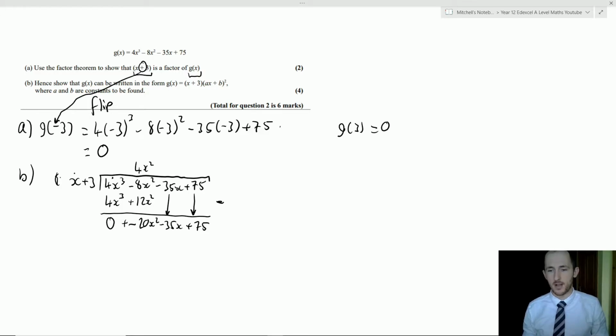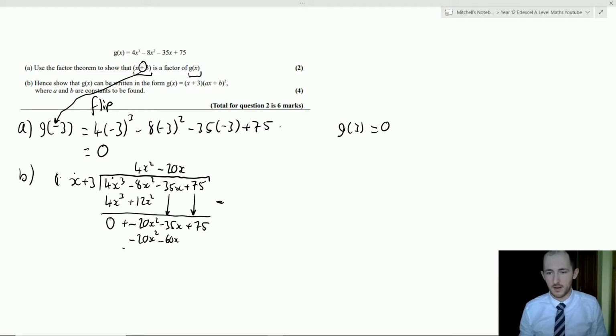Next step, we take the first thing in our new line and we divide it by the first thing in the divisor. So minus 20x squared divided by x, which is minus 20x. Now we times it by the divisor again. Minus 20x times x is minus 20x squared. And once again, these first two things should always be the same. Then we do minus 20x times 3, which is minus 60x.